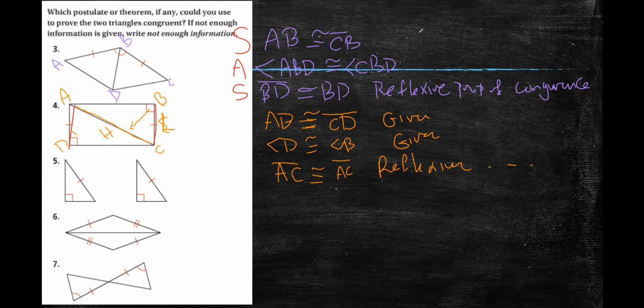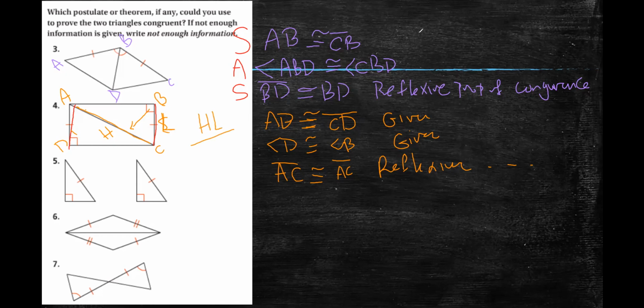The first one, if we have a right angle, yes, it's found. If we have two corresponding legs congruent, yes. And if the hypotenuse, a side that's opposite to the right angle, is also congruent, yes. So I will use in the second one HL theorem.